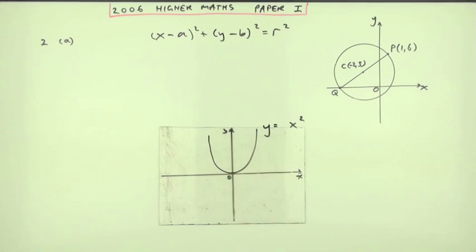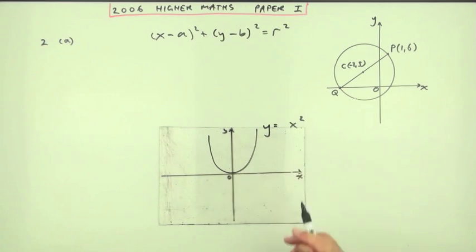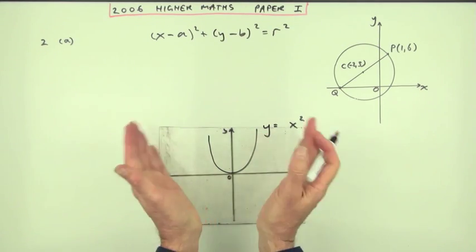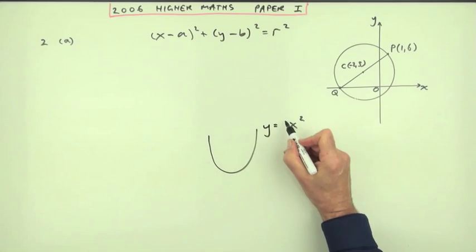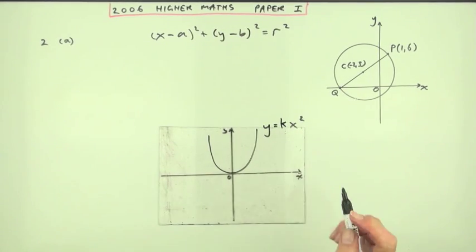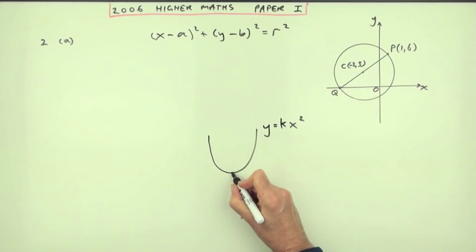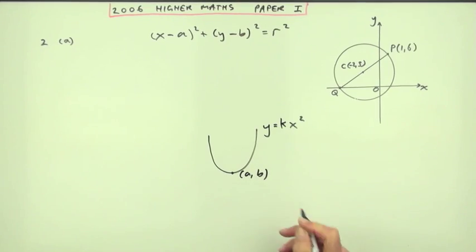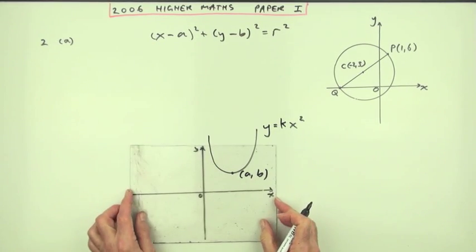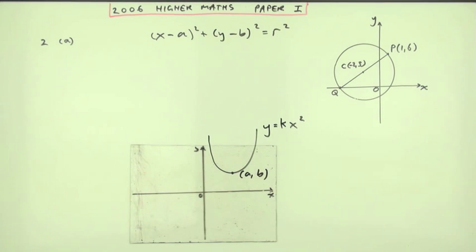Same for the parabola. The basic parabola that goes through the origin has got the equation y equals x squared. Or, altering its width if you like, you could say some multiple of x squared. But if the turning point doesn't go through the origin, if the turning point was at some point (a, b), so the parabola looked like this for instance, you could recreate that equation by shifting the axis.